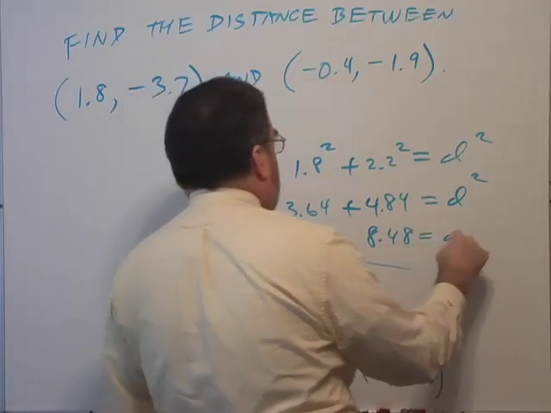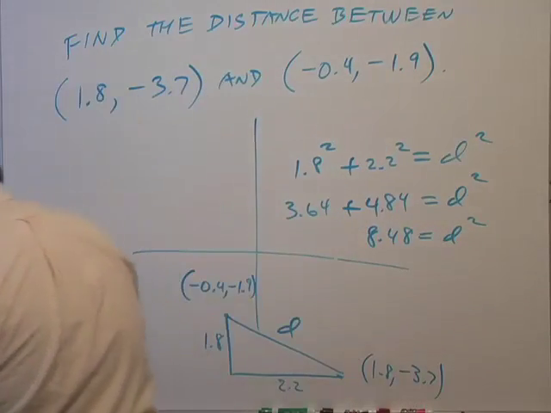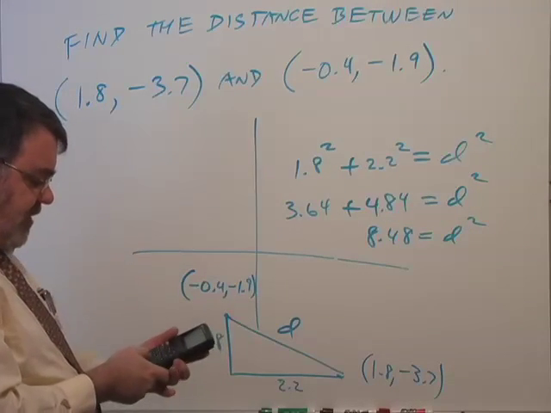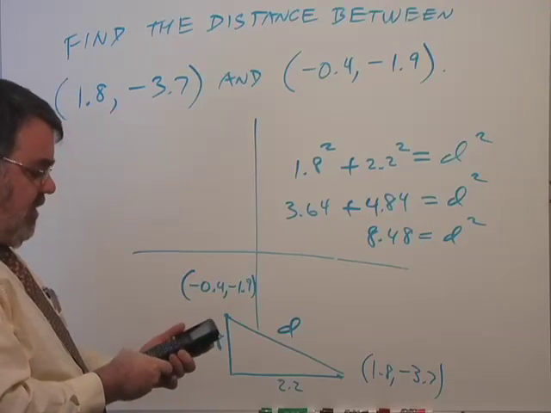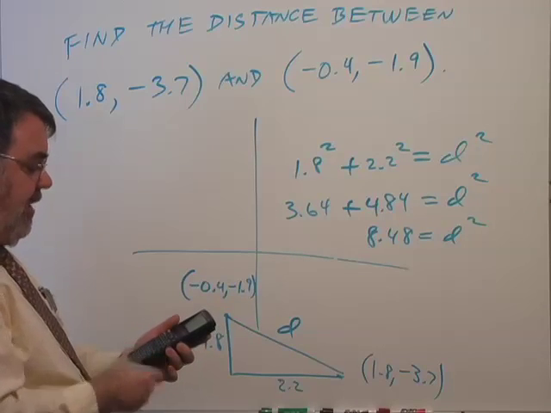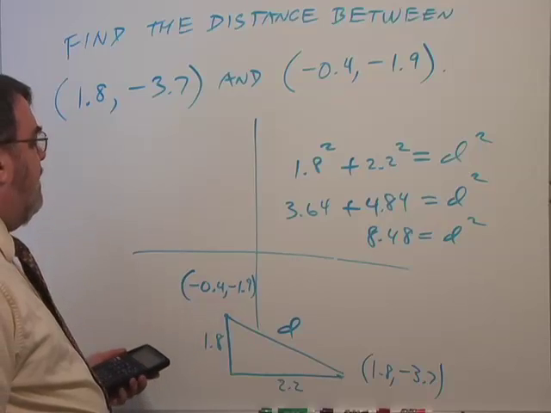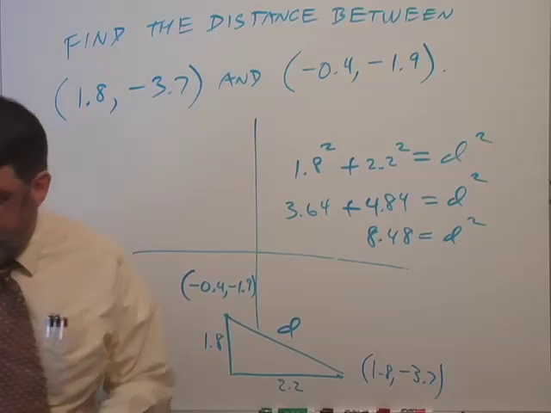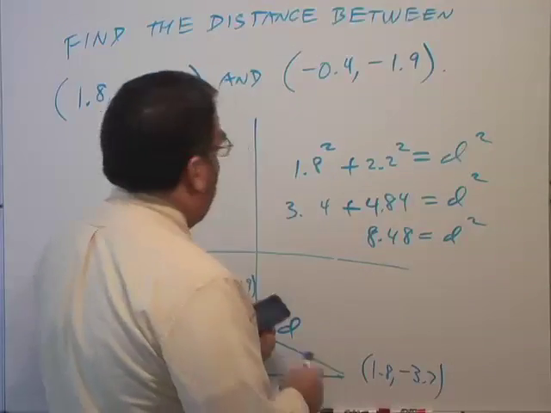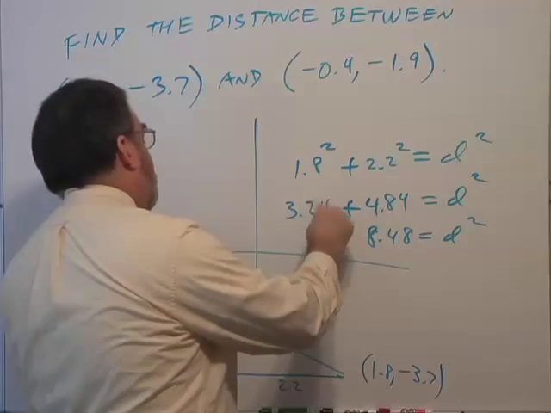I want to check myself on a calculator because I don't trust myself fully. First of all, 2.2 squared, is that 4.84? I think it is. Yes. Plus 1.8 squared is 8.08. Uh-oh. I see my mistake. Sorry about that. That should be 3.24, not 3.64.